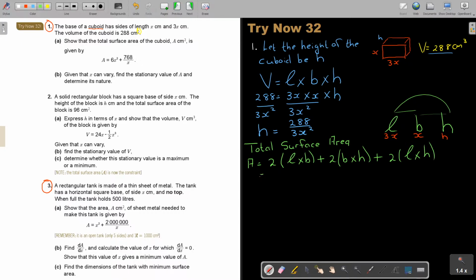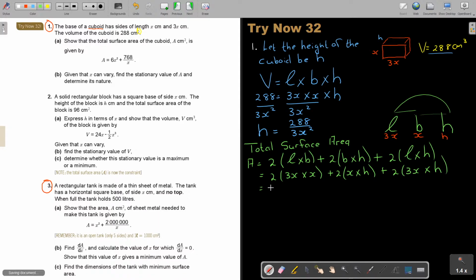Now just substitute. Length times breadth, so it's 3x times x, plus 2 times x times h, plus 2 times 3x times h.